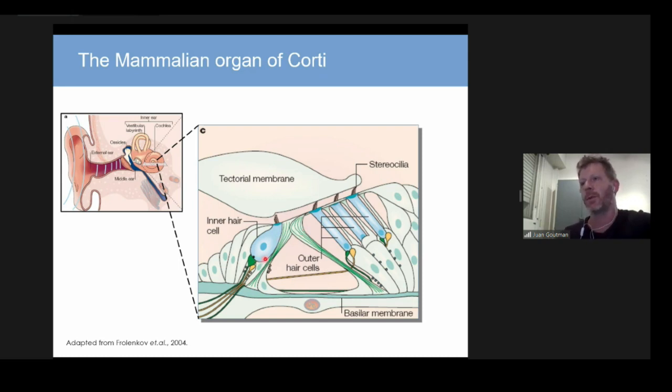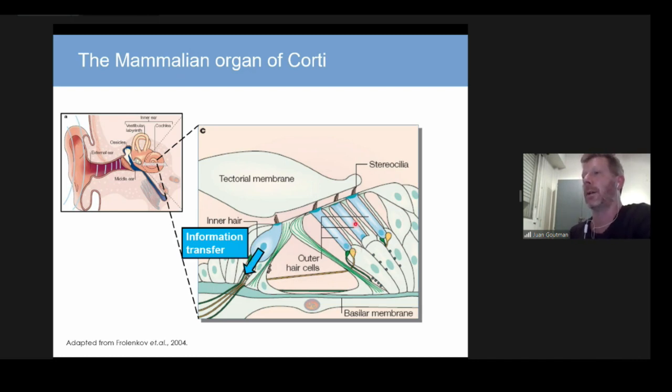Inner hair cells are responsible for transmitting the transduced information to the brain, by means of synaptic connections to auditory nerve neurons. Information transfer is the main function of inner hair cells. We do a lot of work on this property of inner hair cells, but that's not what I'm going to talk about today.